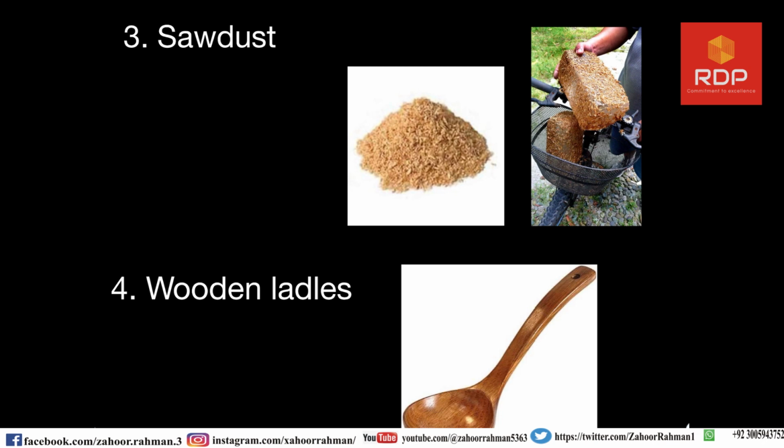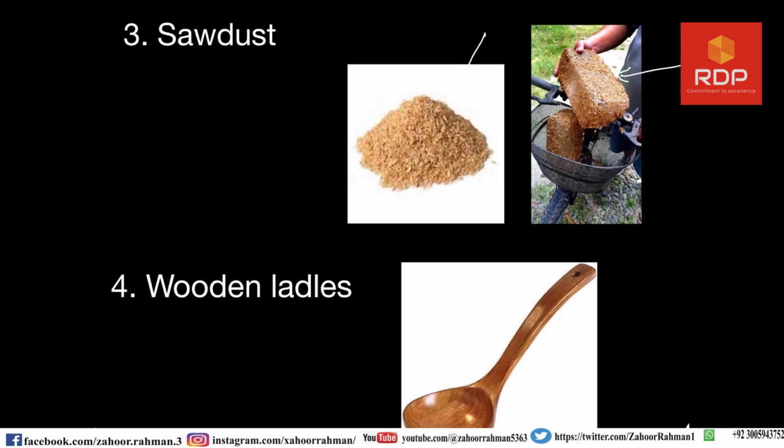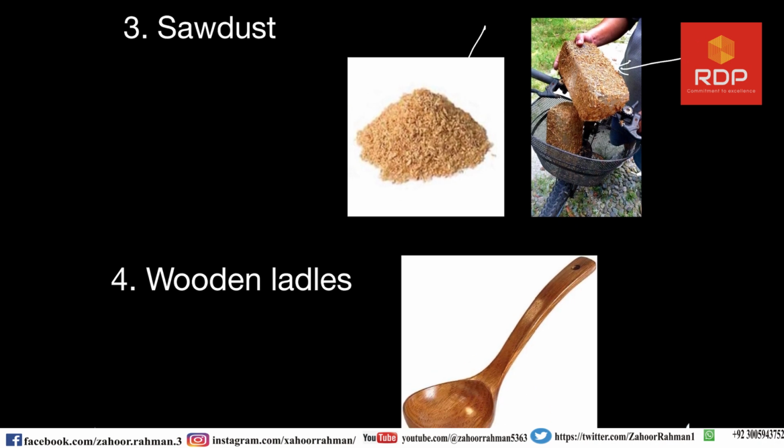Sawdust, which you can see here, is used with a block of ice covered with it, and somebody is taking it by bicycle to home, to carry it without melting. They are covered with the sawdust.